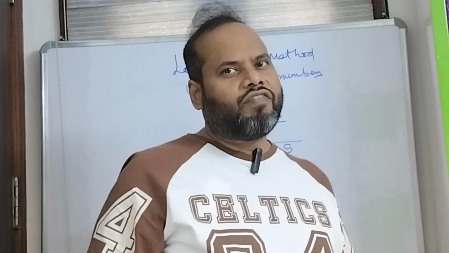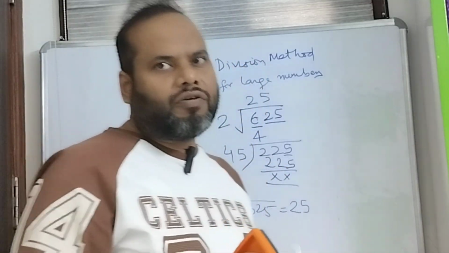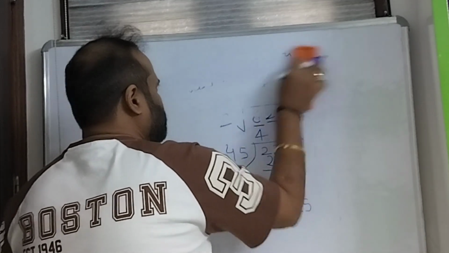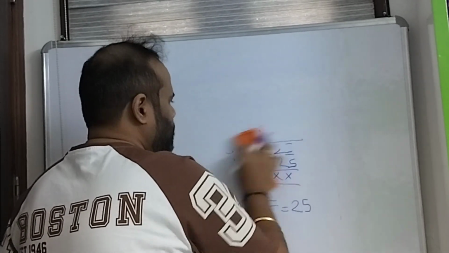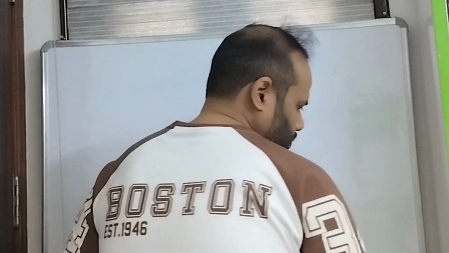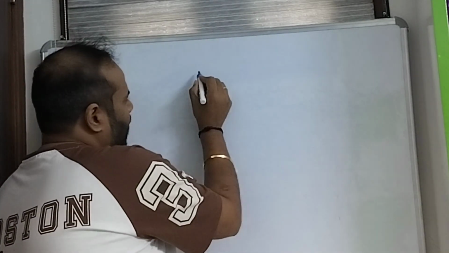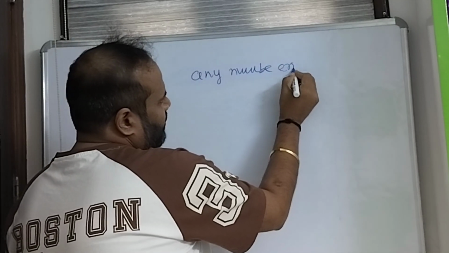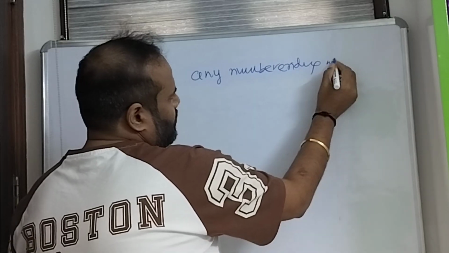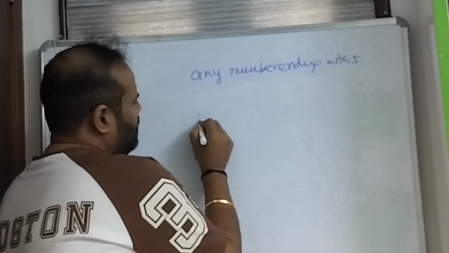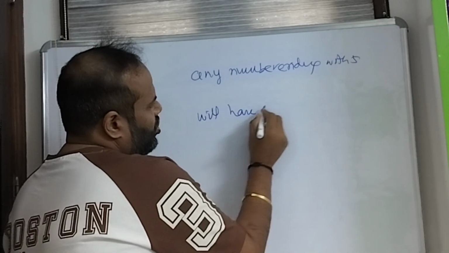Now I will teach you one wonderful trick of finding squares of a number ending with 5. Any number ending with 5 will have 25 at the end of its square.